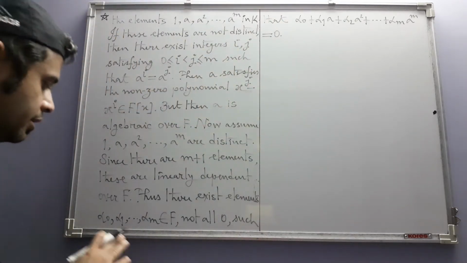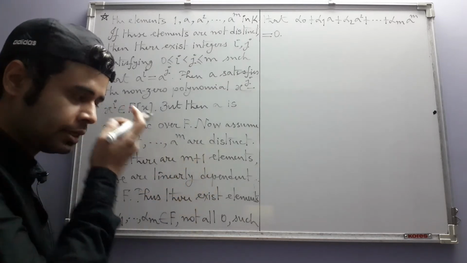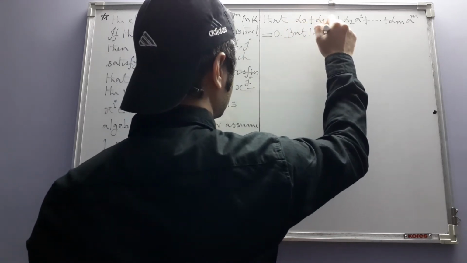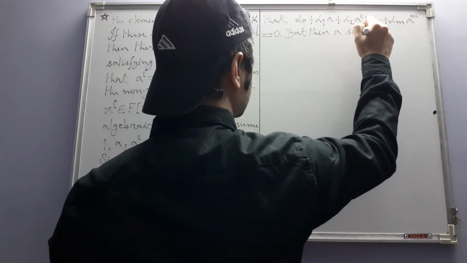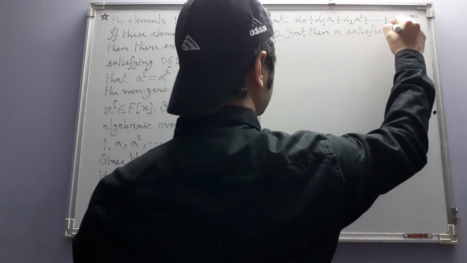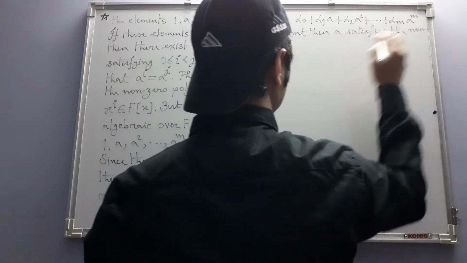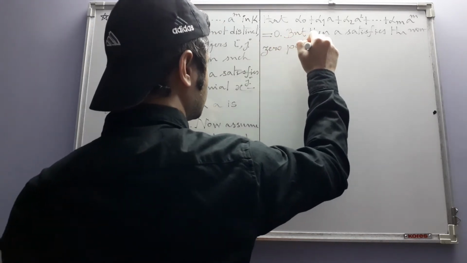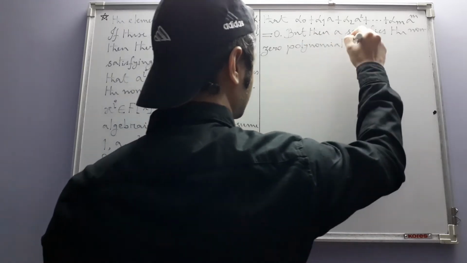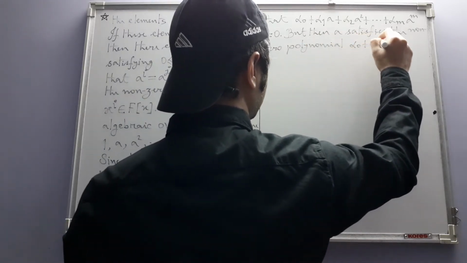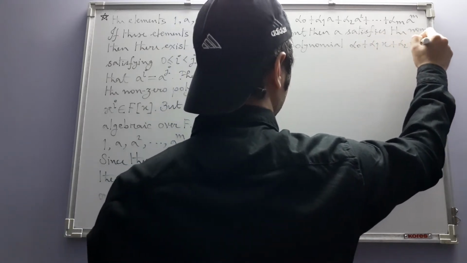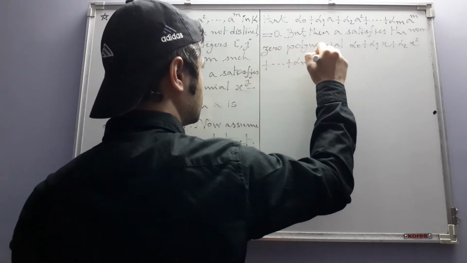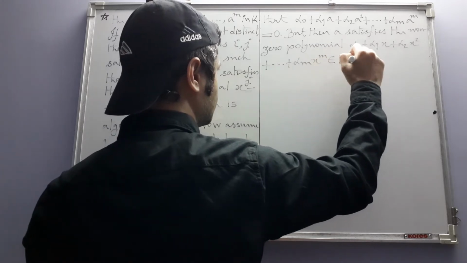Okay, so this is coming from linear dependence of these elements in K over F. But then A satisfies the non-zero polynomial alpha 0 plus alpha 1 x plus alpha 2 x squared etc. plus alpha m x to the power m in F[x].